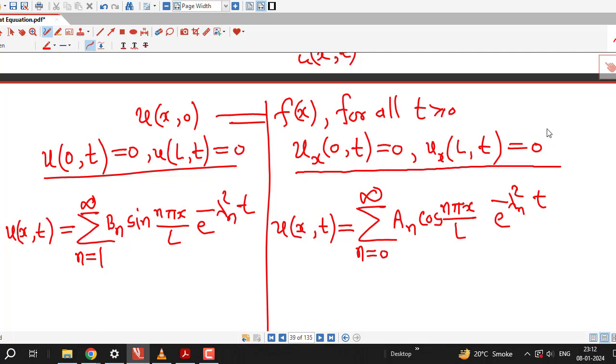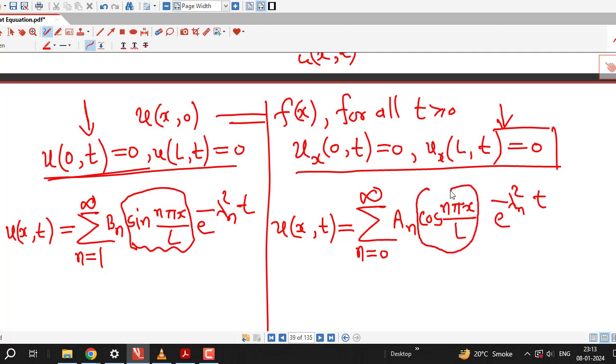And in this case we say that the metal rod is such that both the ends are insulated. So this is the case of a bar with insulated ends, and this is the case of a bar with 0 temperature at both the endpoints. The difference is here we have sine terms, here we have cosine terms.